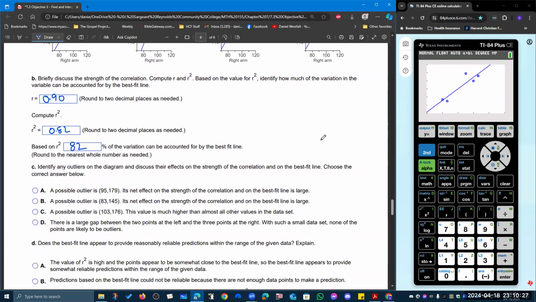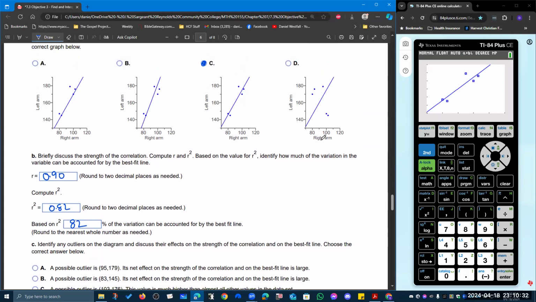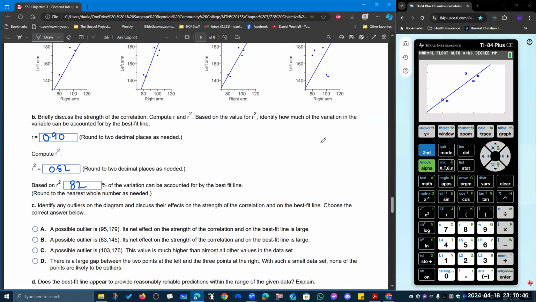And identify any outliers on the diagram and discuss their effects on the strength of the correlation and on the best fit line. So there's a large gap here between these 2 points and this cluster of points up here.